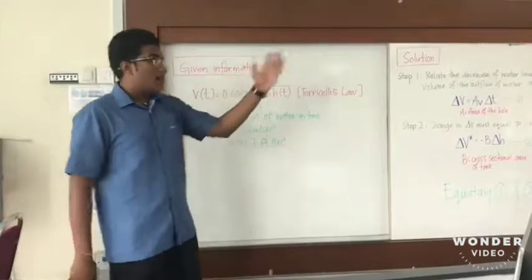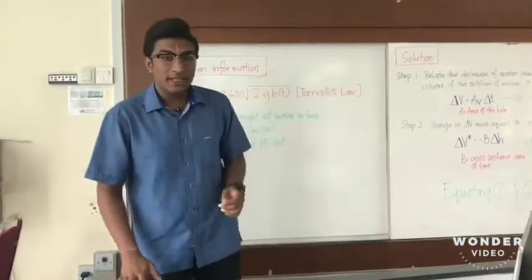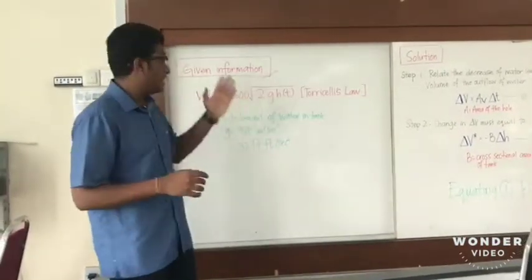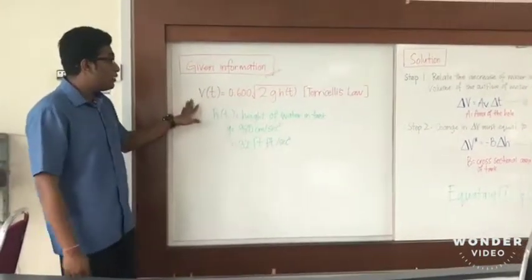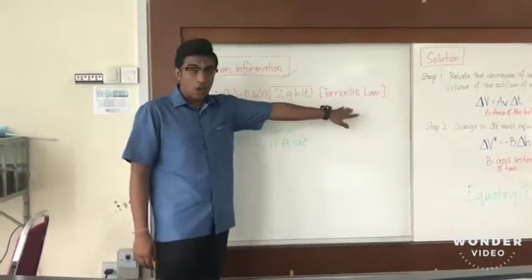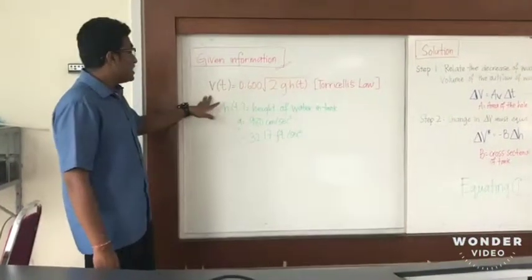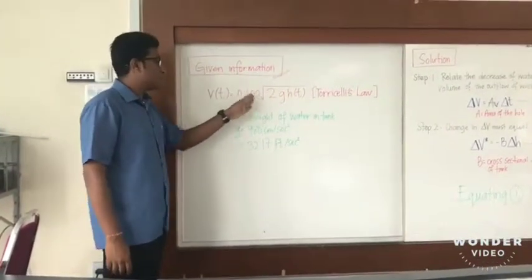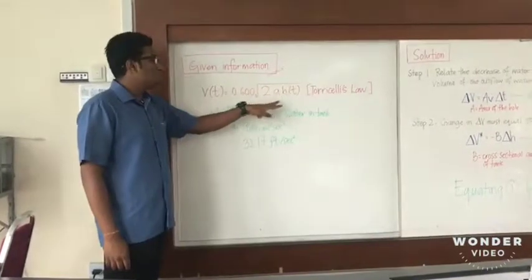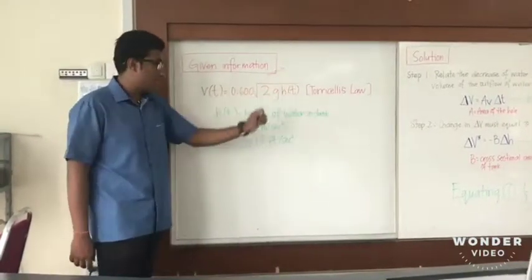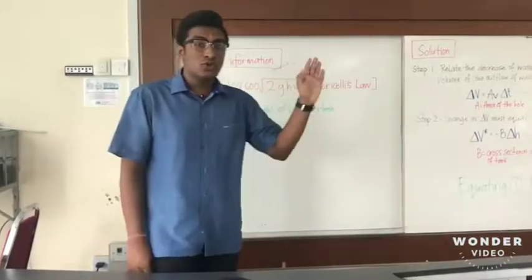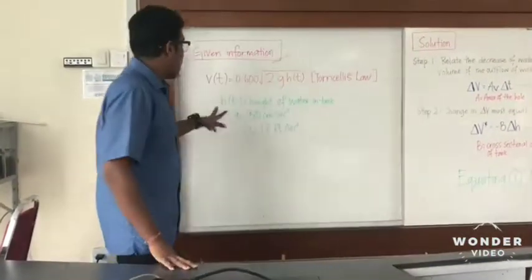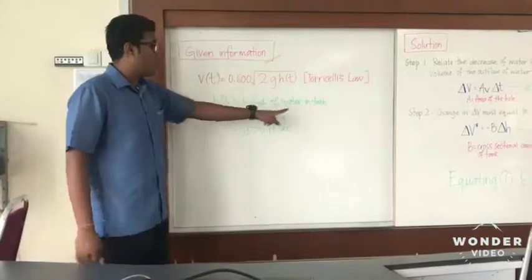After discussing the diagram of the question, let us derive the given information from the diagram. Now we have Torricelli's law, which is v(t) equals 0.600 square root of 2gh(t), where h(t) is the height of the water in the tank.